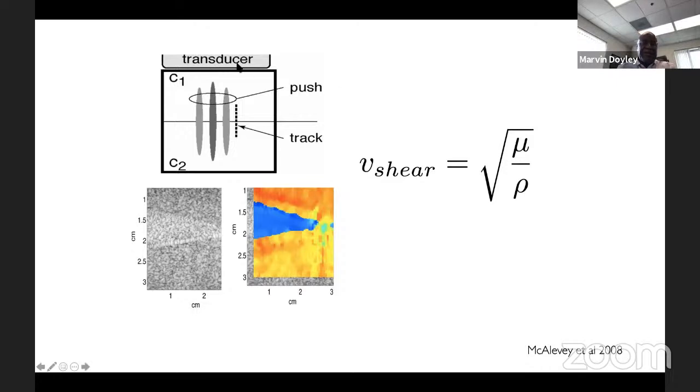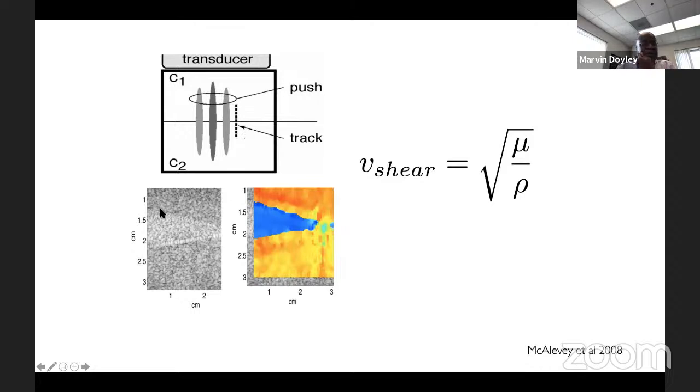We take the ultrasound transducer and program the system to produce a really strong acoustic push, which we call a push beam. So it pushes, and once it has pushed, we measure the corresponding shear wave or displacement of the underlying tissue with imaging pulses afterwards.